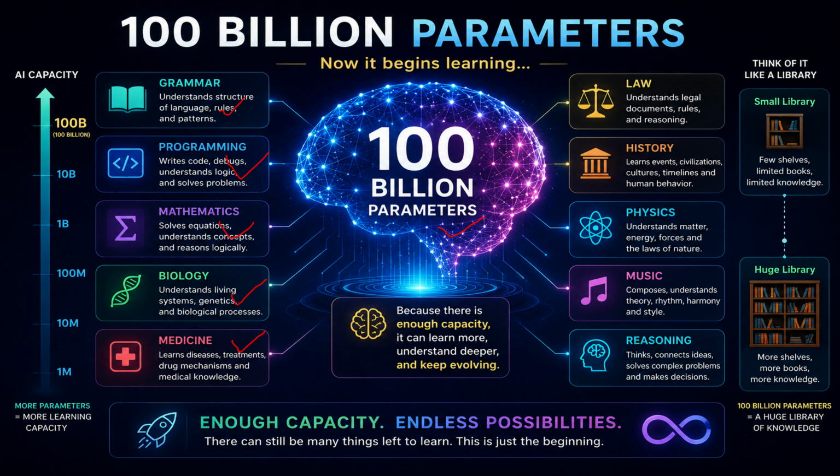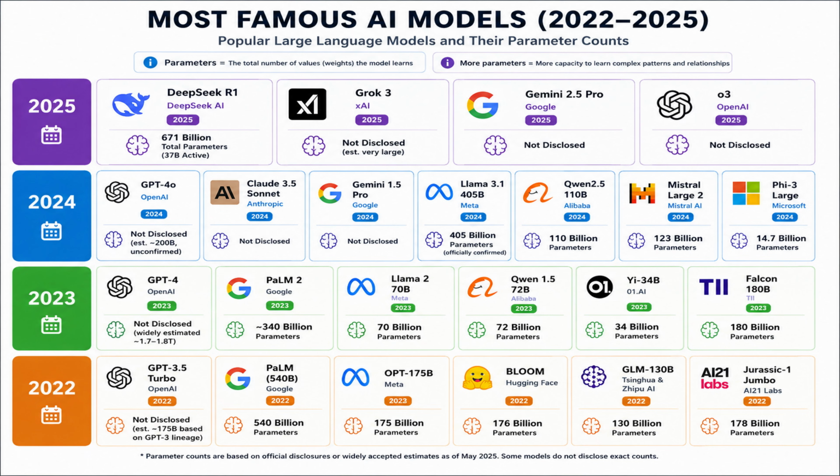Today's race is not simply to build larger models, but to discover better ways for models to learn and solve complex problems. Every AI company has its own secret recipe, just like famous restaurants keep their special recipes secret. Some companies tell everyone how many parameters their model has, while others keep that information private because it's part of their competitive advantage.